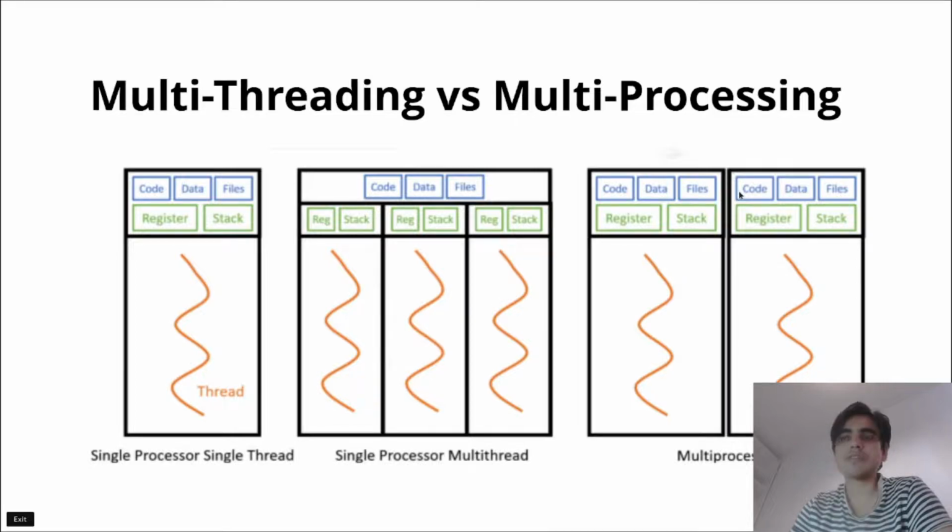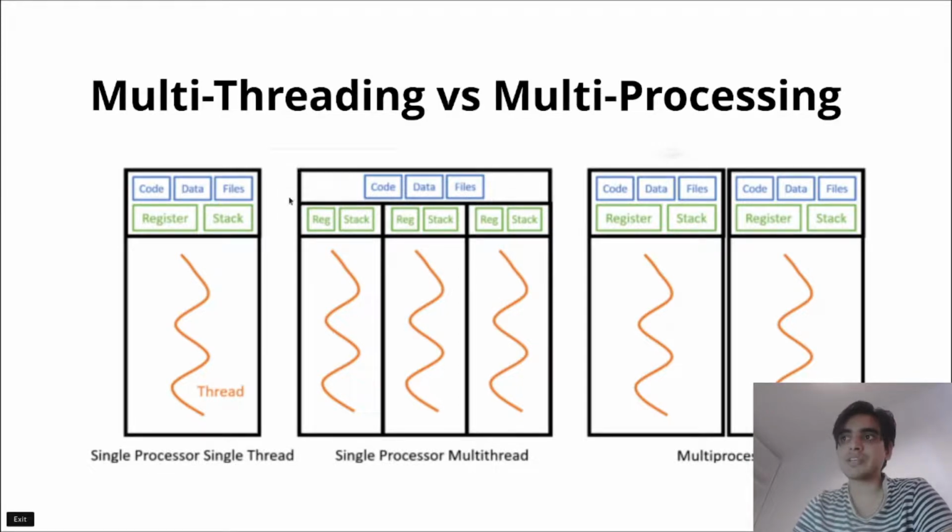So first we will look into the difference between multithreading and multiprocessing. If you create a single function and run it on a single thread, in a single process, it uses a single processing unit and a single set of code, data, files, register and stack. What if you create multiple threads on your machine?